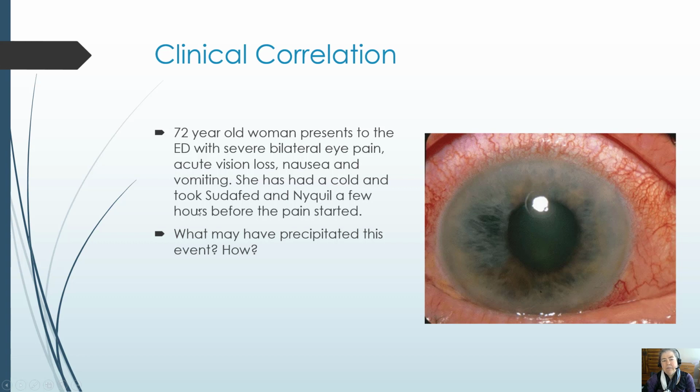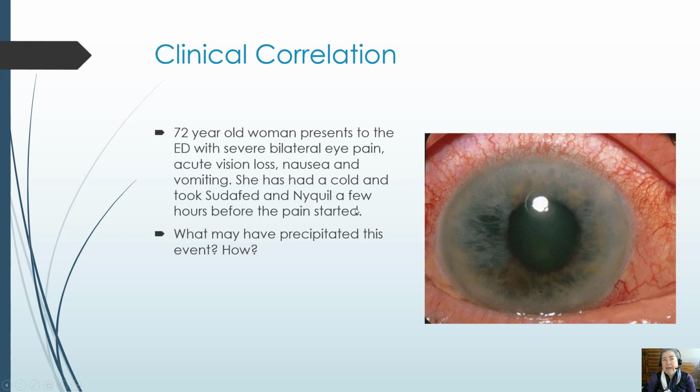So here we have a little bit of a double dose of sympathomimetics. And what do sympathomimetics do to the pupil? Do you remember? What does epinephrine do to the pupil? It makes it dilate.